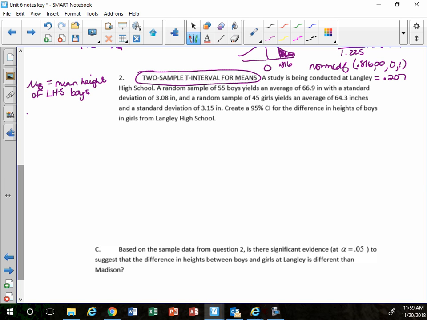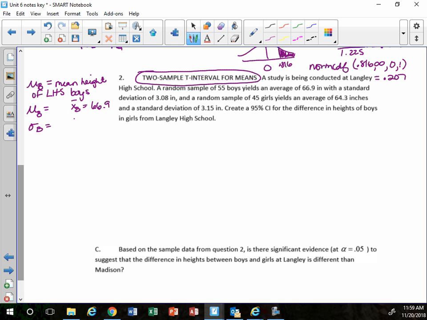Okay, this time, do we know mu of b? Do we know the actual mean of the population? No, we do not. Do we know sigma of b? No, that's why it's a t-interval, okay? Do we know x bar of b? Yes, 66.9 inches, right?